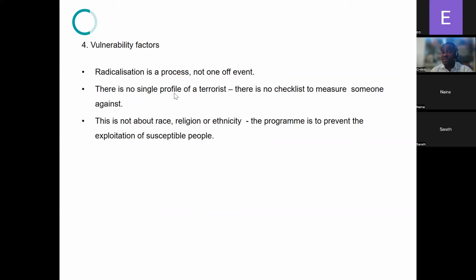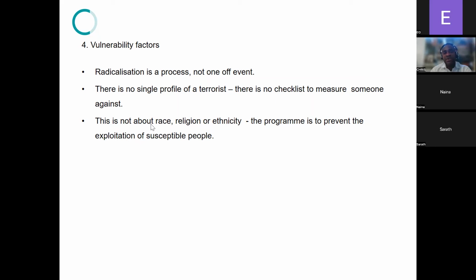There is no single profile of a terrorist. You can't say that, okay, terrorists do this, terrorists do this. No, different things are emerging. So there is no checklist to measure someone against to see that, okay, this person can become a terrorist or this person can be influenced into terrorism. You can't see any checklist like that.